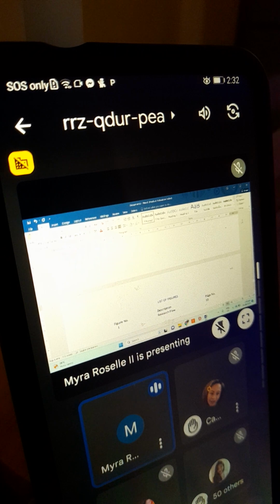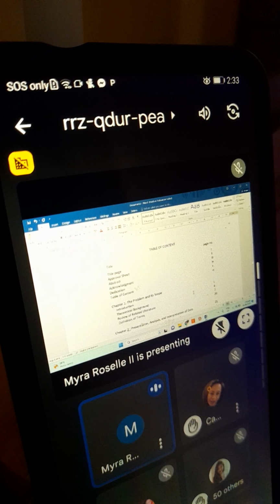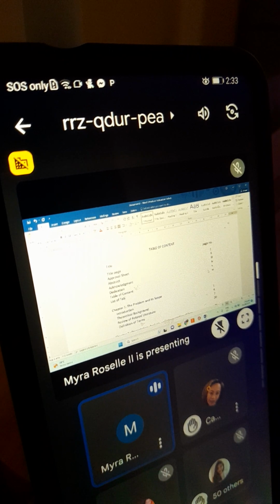Tanawa ha, page 8. One page for list of tables. There's ibabaw. Page 7. Here, you go back up, after table of contents, list of tables, that is page 7, move.